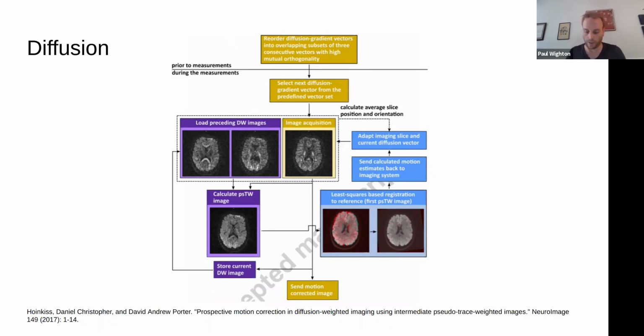Then, much in the same way that BOLD is registered to the initial reference image, this trace image is registered to the initial trace image, and the motion estimates are updated accordingly. One other thing to point out in diffusion: not only do you need to reorient the field of view, you should also be reorienting your diffusion directions when you change the field of view.